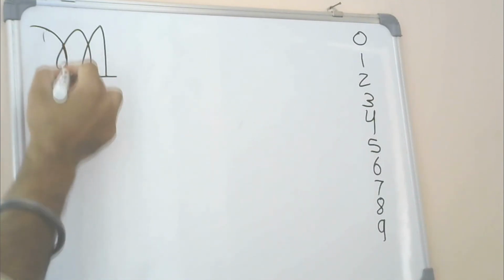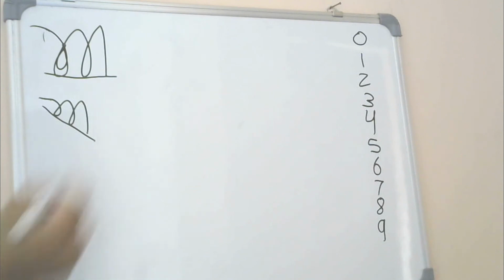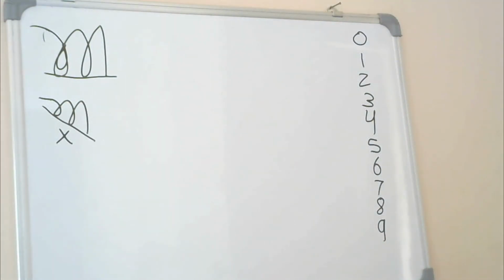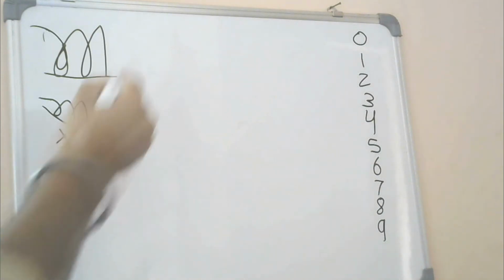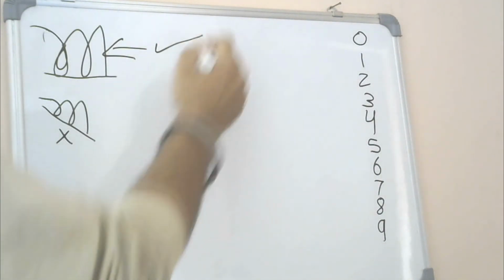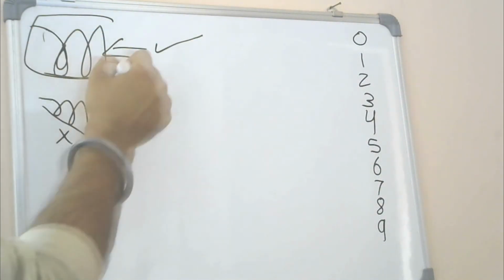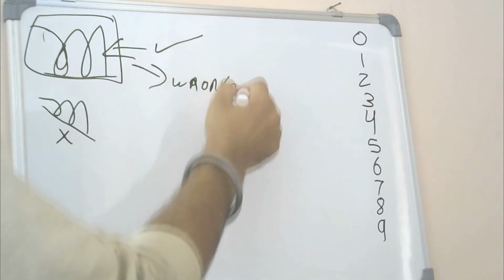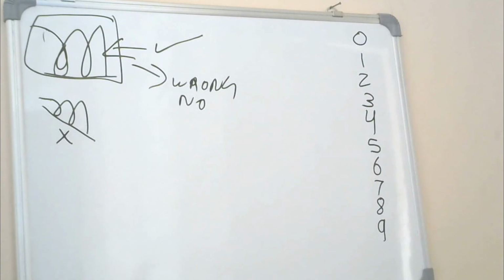Oops. Let's have it like this. Yeah. It will not be same. I'm sorry. So this will not be same. But most of the time, people will be writing it in this way. So if you're writing it in this way, it doesn't mean that it is wrong. No, it is also correct.